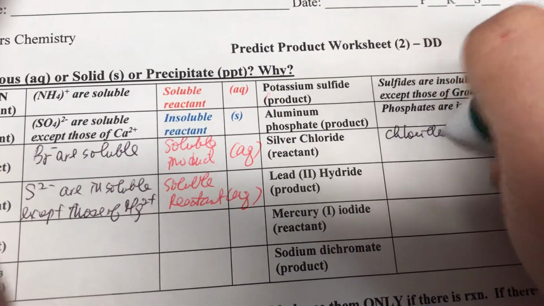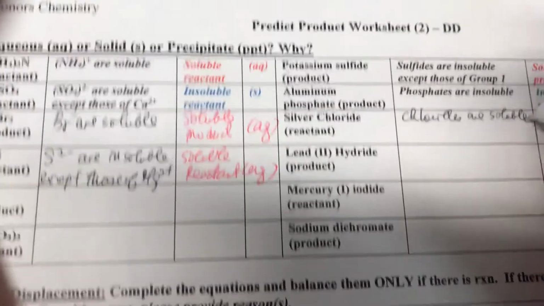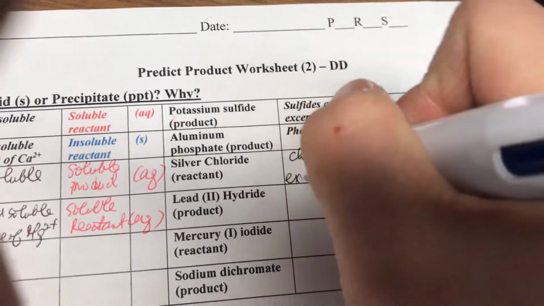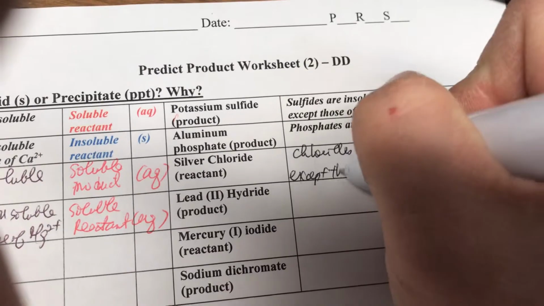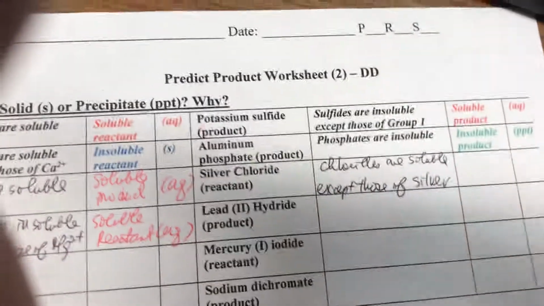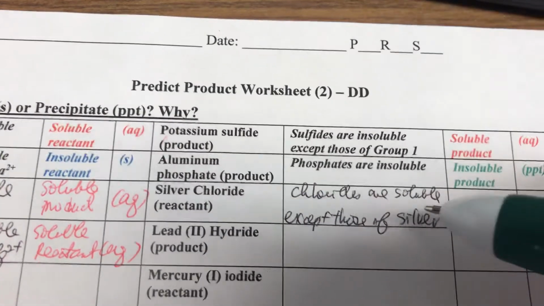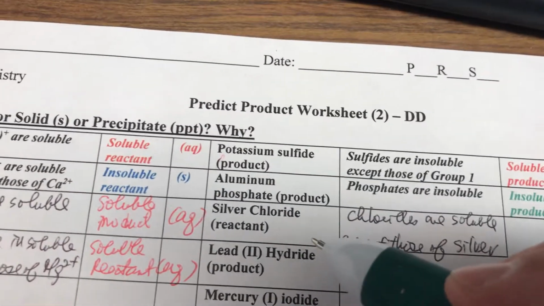That means it should be the opposite because of the exception, so you write insoluble reactant.